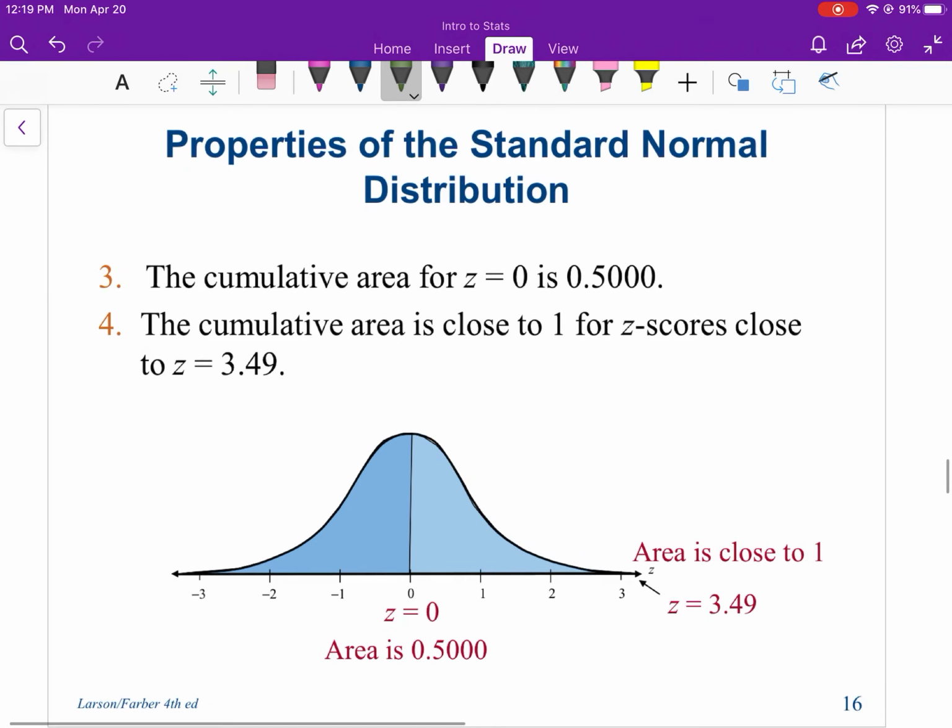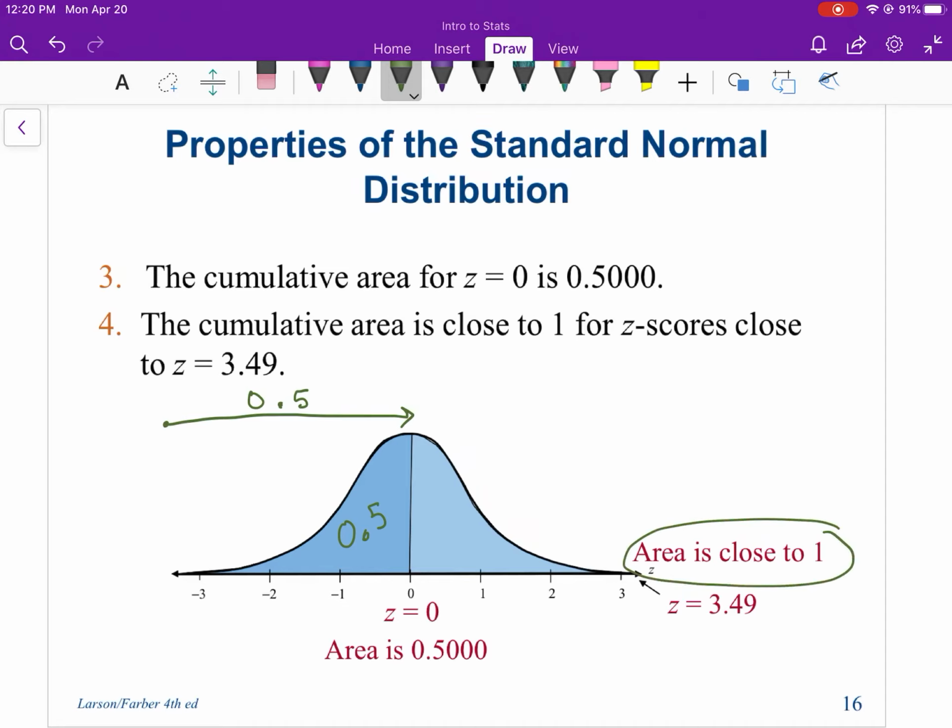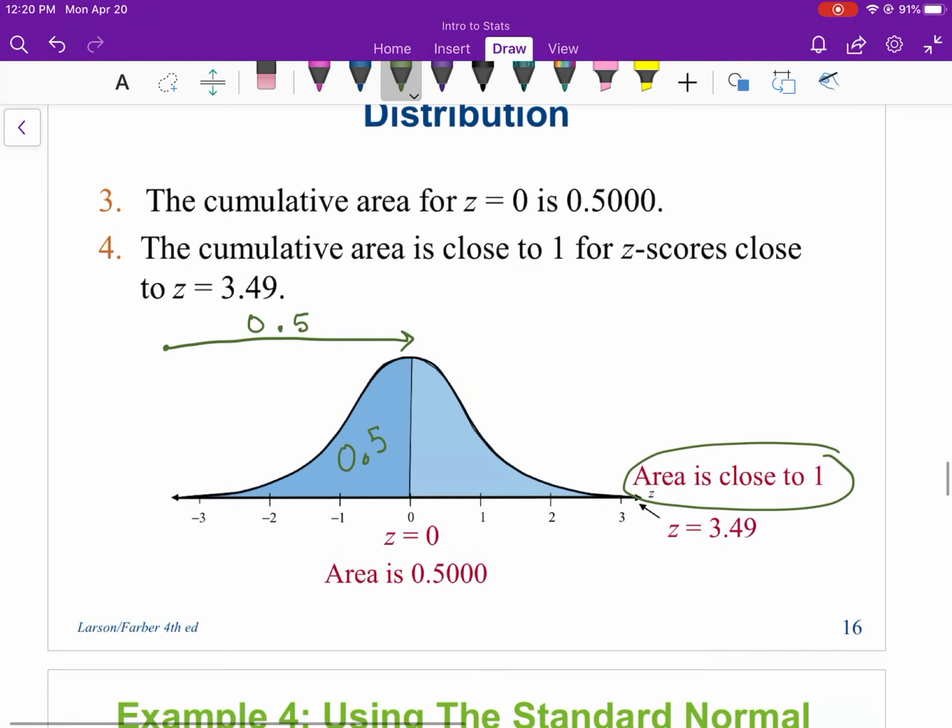If you make it to the halfway point, then your area is 0.5. That's what they're telling you in number 3. If I keep moving all the way across, I'm going to be at an area of 1. So halfway is 0.5.